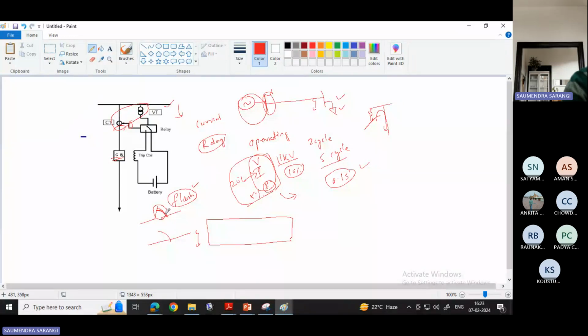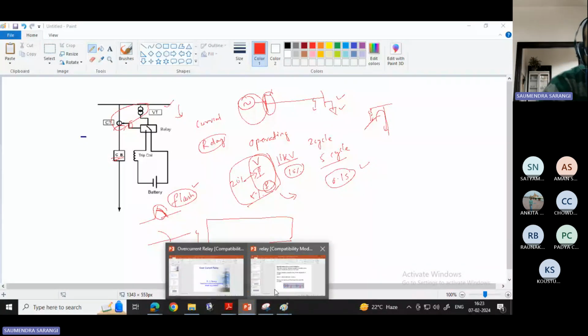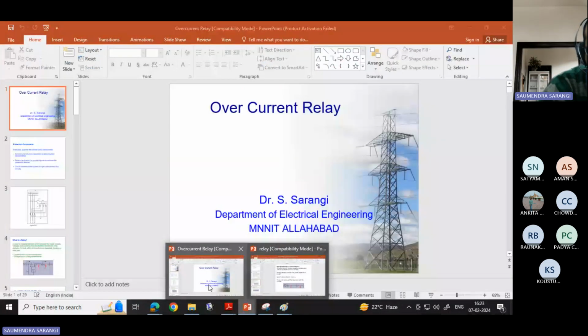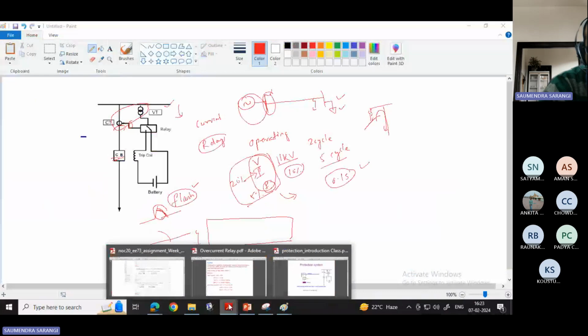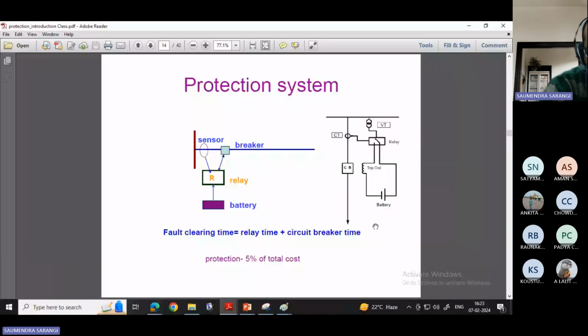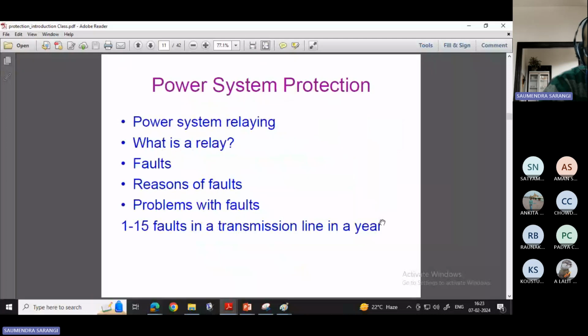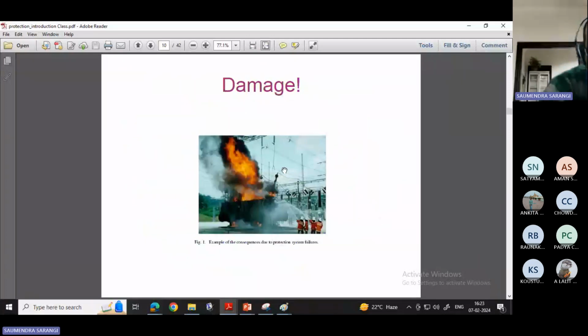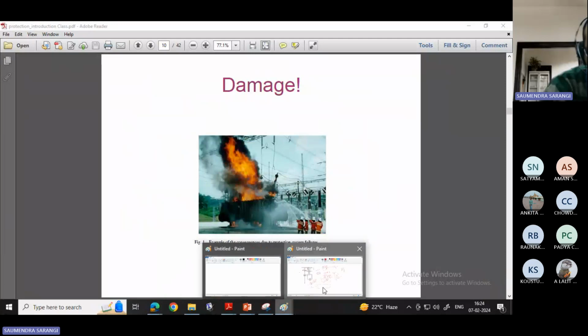Hazardous condition means there is flashover, or there may be burning of equipment, like I have shown in the previous slide, that the transformer is burning. This may occur if the circuit breaker does not operate correctly to disconnect the faulty section from the healthy section.